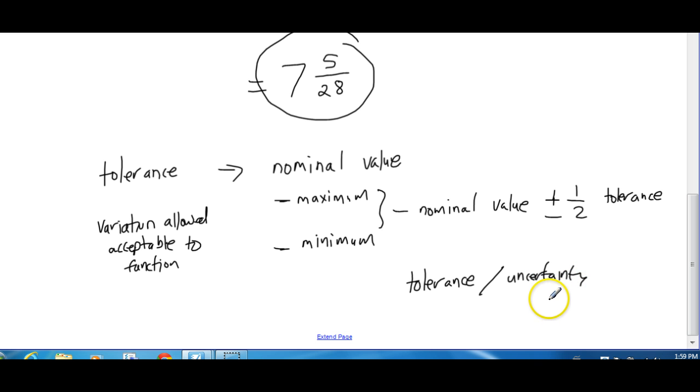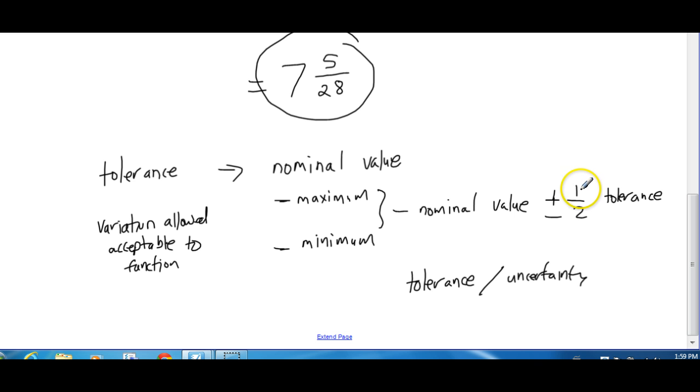If you look on page 95 of your workbook, on the right-hand margin it says, note that in some forms the way a tolerance is expressed, because we use plus or minus, it looks like a measurement uncertainty, but tolerance and uncertainty are not the same. Uncertainty shows the margin of error in a measured value, which we talked about last video, while tolerance shows the range of acceptable values for a measurement.